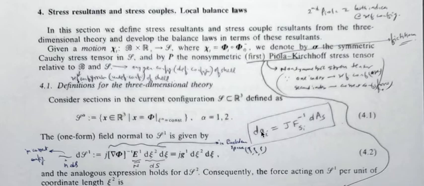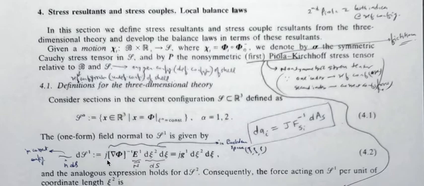So d small a is written as J inverse SI DAS, and that is actually being used here to write this expression, to bring this expression of the force from the current configuration or any general configuration of the shell to the Euclidean space.